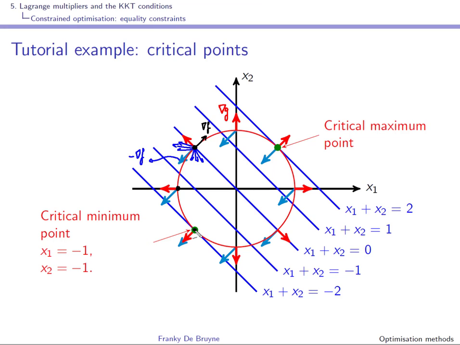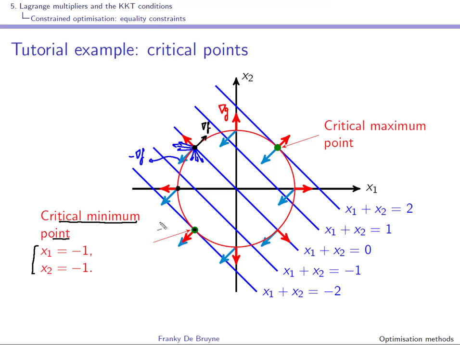So here, if you move from this point, it is not possible to stay on the curve g(x) = 0 and at the same time decrease the function. So here we have a critical minimum point, and it corresponds to x1 = -1 and x2 = -1.